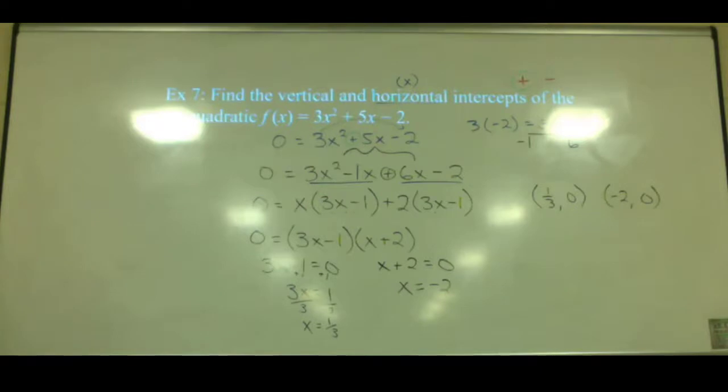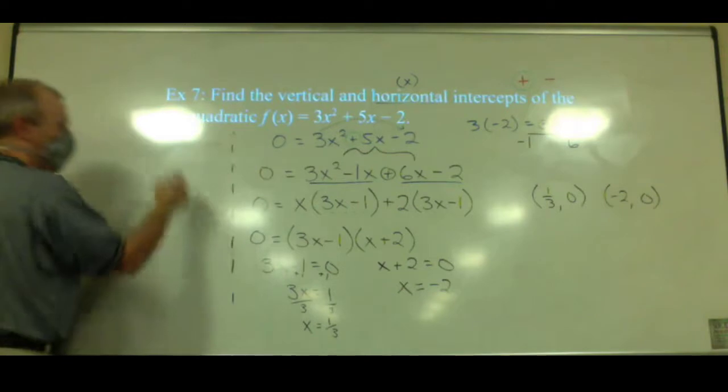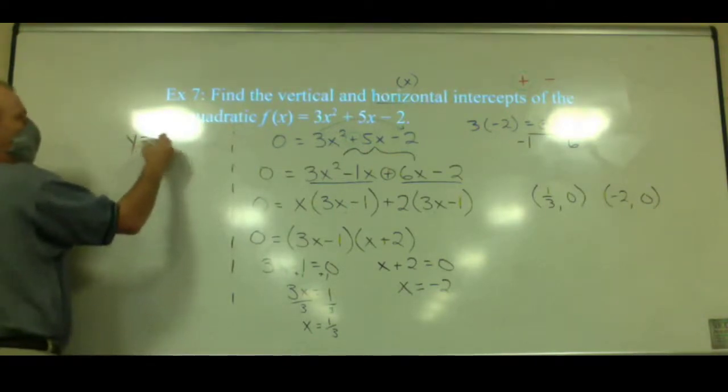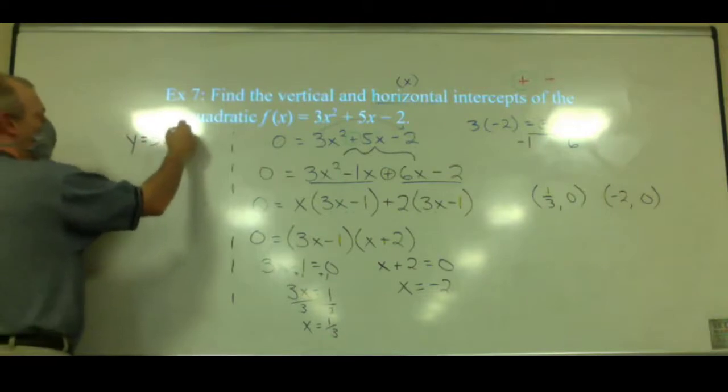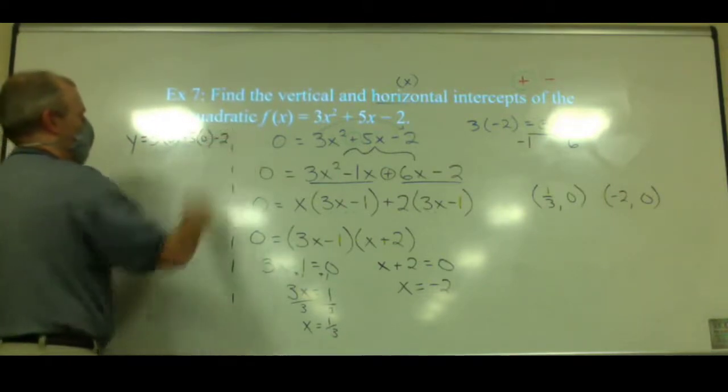Remember, for the x-intercept, y equals 0. For the y-intercept, x equals 0. So this one's much faster. I'm just going to say y equals 3 times 0 squared plus 5 times 0 minus 2.